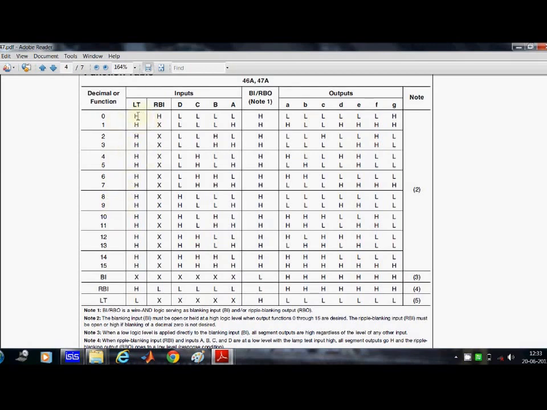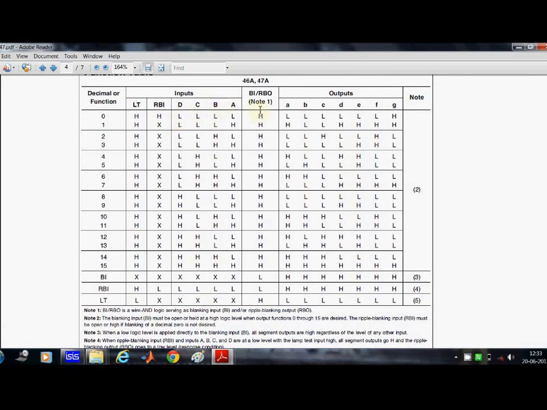You see, the lamp test is always given a high, then only we are getting the desired output. Then the ripple blanking input, that is RBI, is don't care, but in the first case, that is if we want to display 0, we must give it high, otherwise we are not going to get the desired outputs.